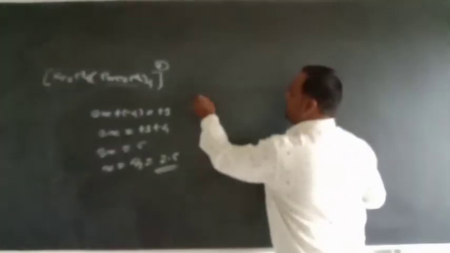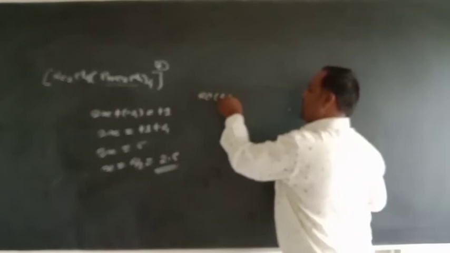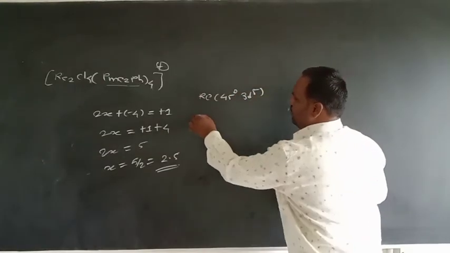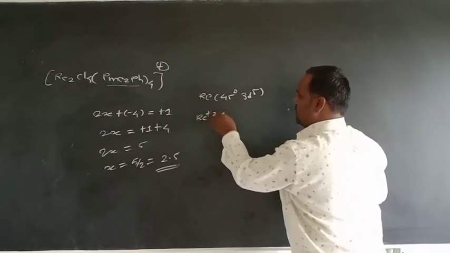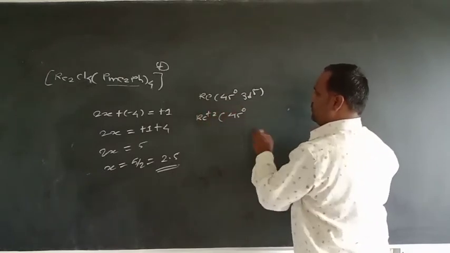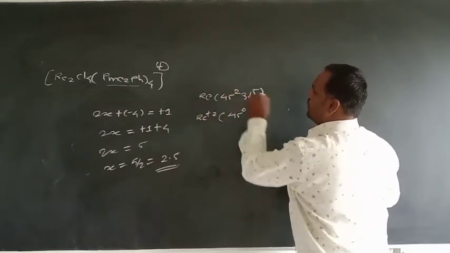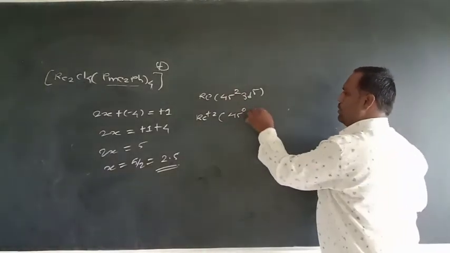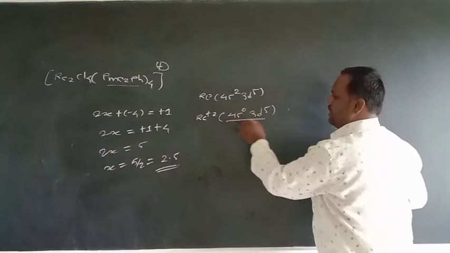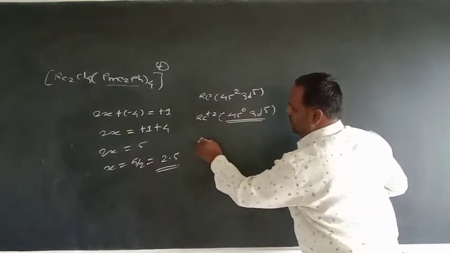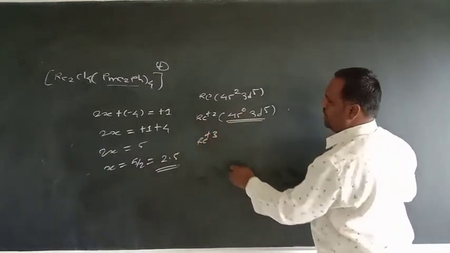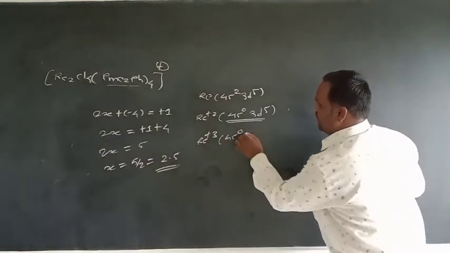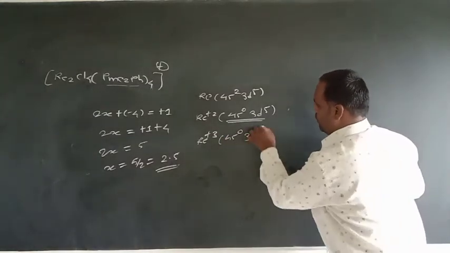we know that rhenium has 4s2 3d5 configuration. So one rhenium is in +2 oxidation state, which is 4s0 3d5 configuration, and another rhenium is in +3 oxidation state, so 4s0 and then 3d4 configuration.